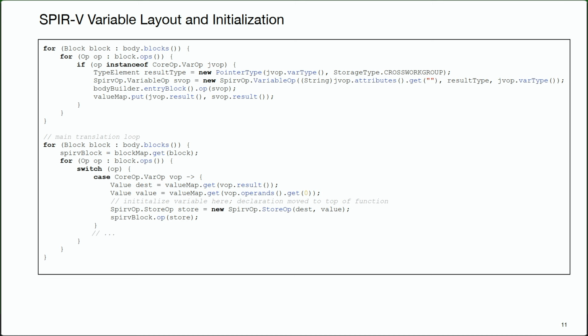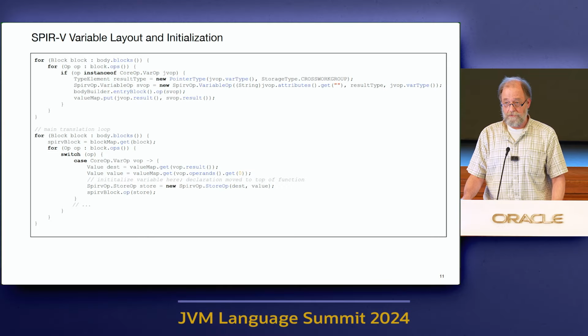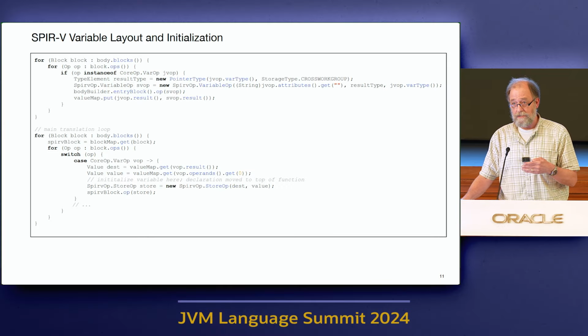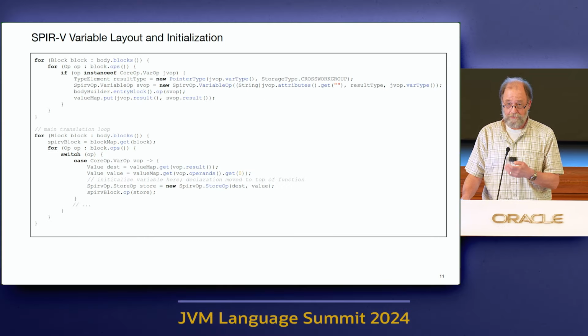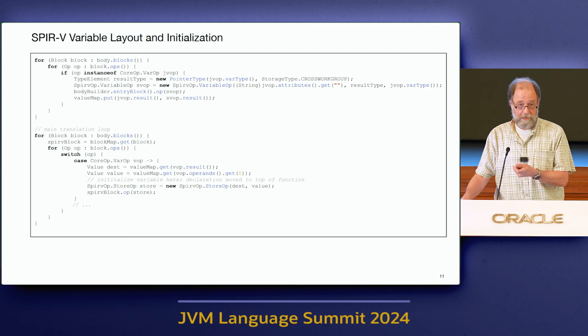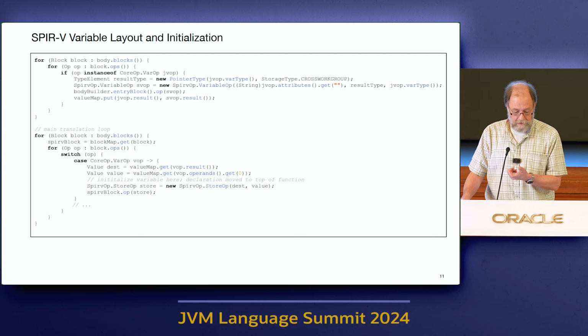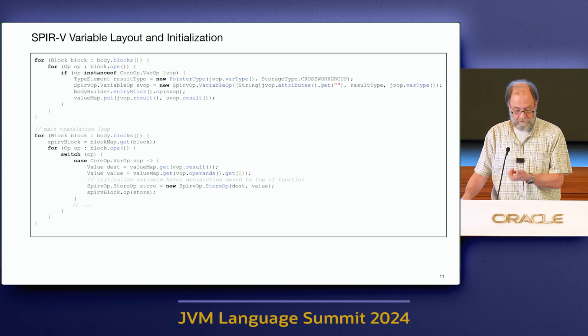So now we enter the main translation loop we saw earlier, but with this pre-step done, we're ready to handle the differences between variable ops. So I'm showing just one op in this version of the main translation loop, and that's the core op var op. And this is just going to create a store that will extract the operand from the core op var op's first operand.